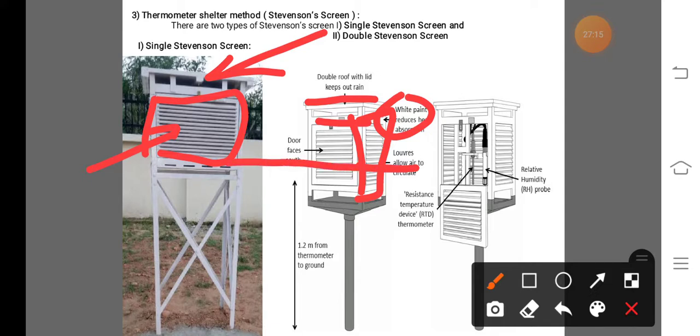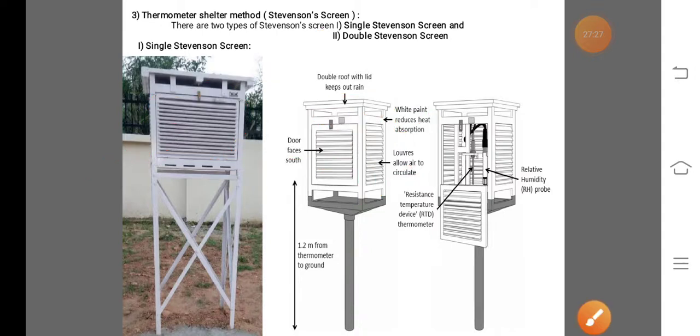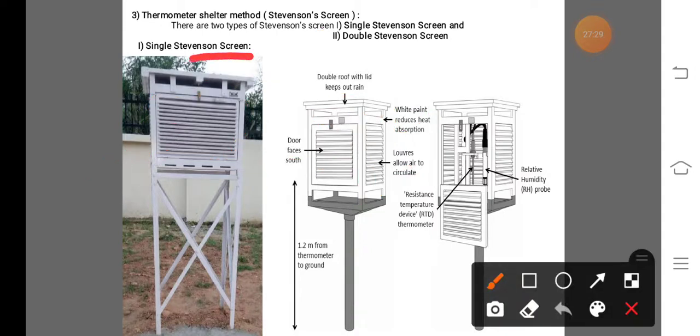The net-like structure is constructed to pass the air over the thermometer and get the actual air temperature in the atmosphere. And the main purpose of this single Stevenson screen is to protect the thermometer.